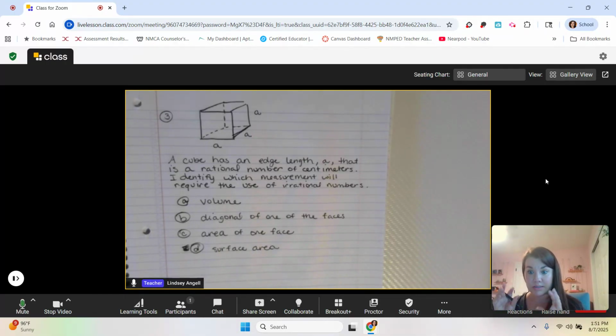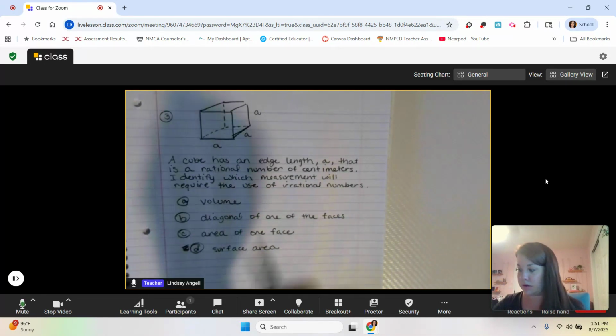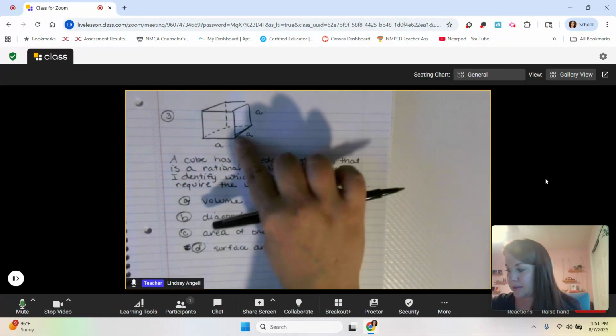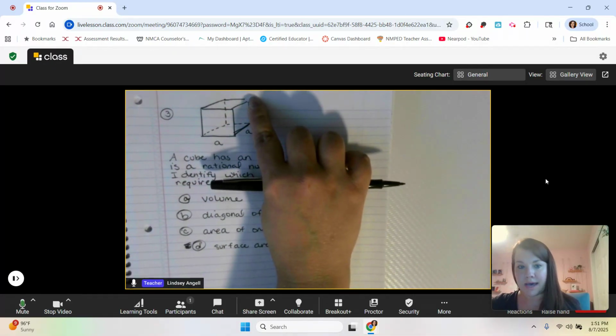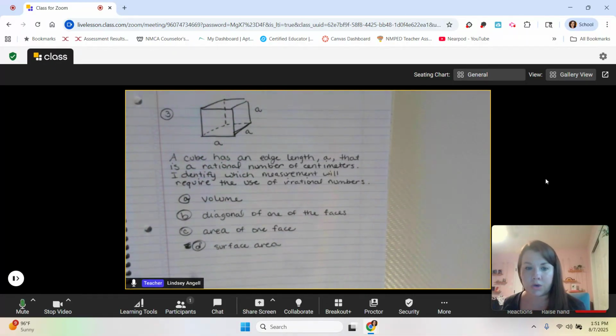It's basically like squares stuck together. So if this one is A, that means this one is A, and so is that one. A cube has an edge length A that is a rational number of centimeters. Identify which measurement will require the use of irrational numbers.